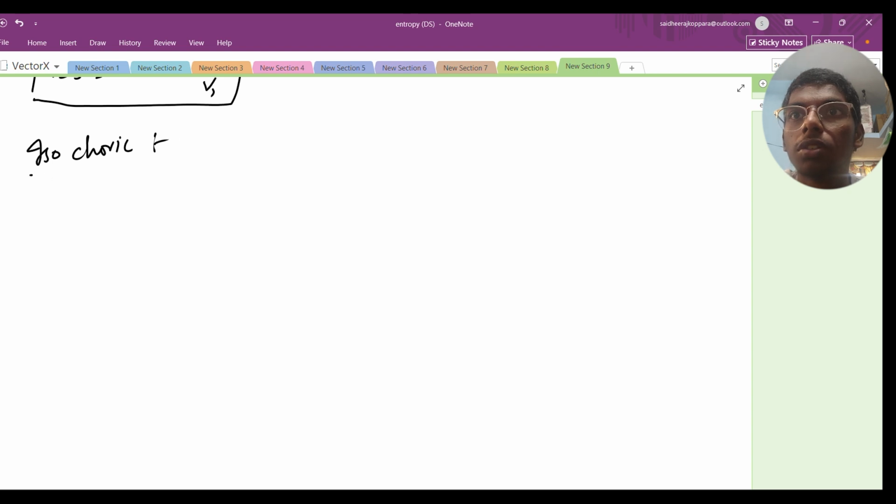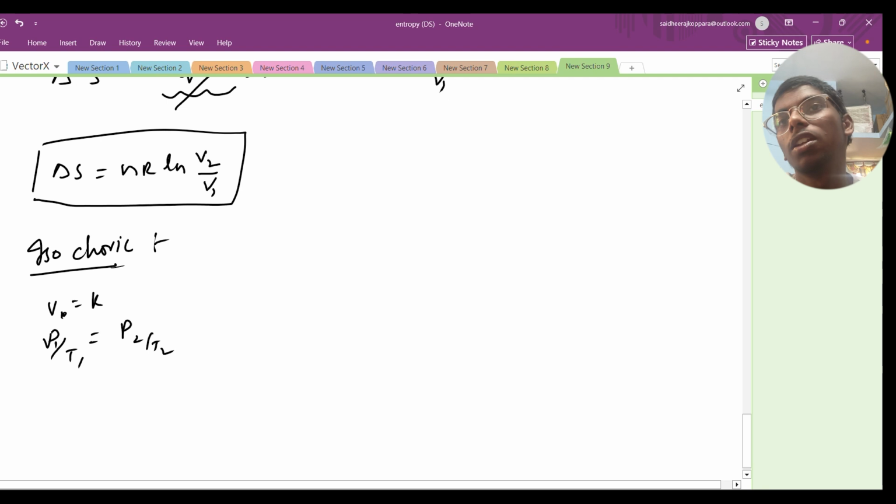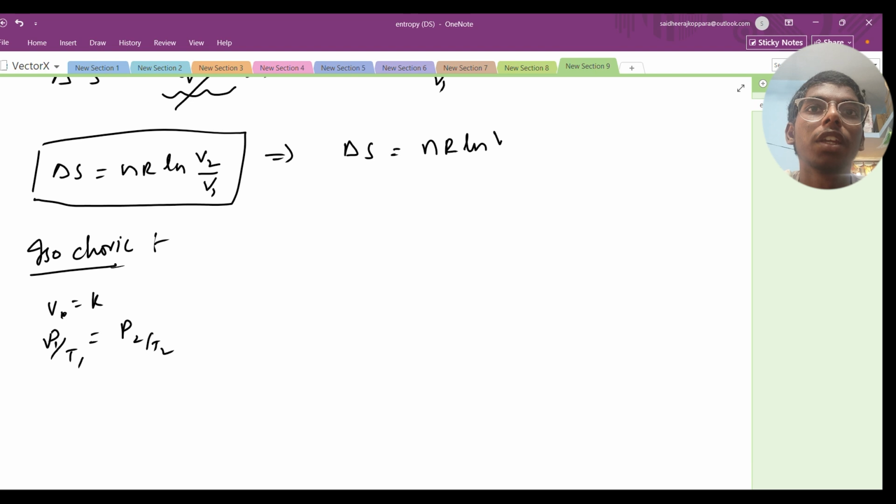Now let us look at isochoric. In isochoric, we know that volume is constant, and we know that P by T is constant, P1 by T1 equals P2 by T2. And the very important part, as we wrote in work, similarly we are going to write it here as well.